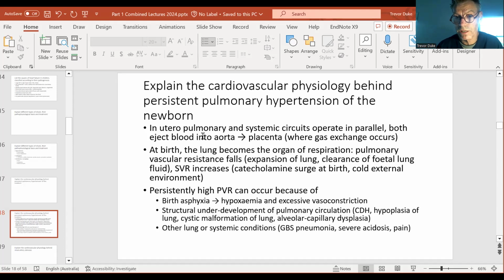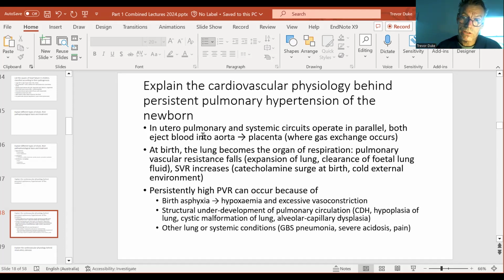It can lead to right heart failure. If the baby's got severe acidosis for whatever reason, but that's typically from perinatal asphyxia, or if they've got extreme pain, if a baby has an exaggerated stress response after birth, then the pulmonary vascular resistance will rise as well.